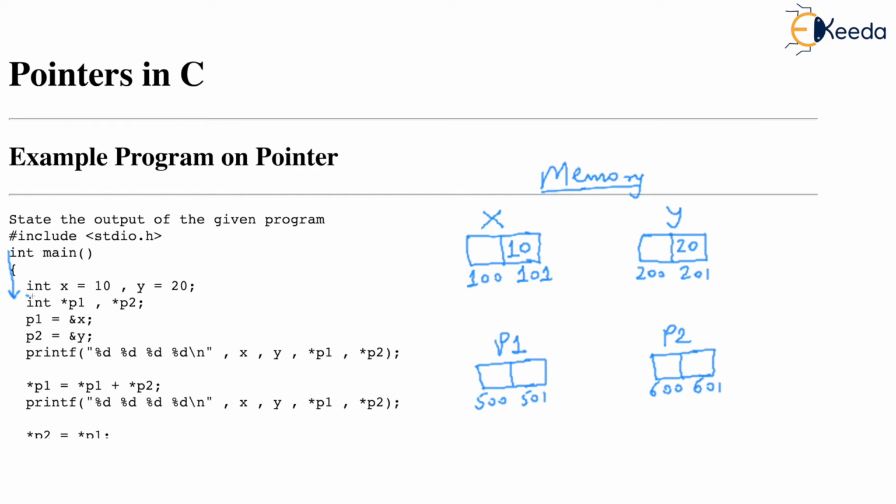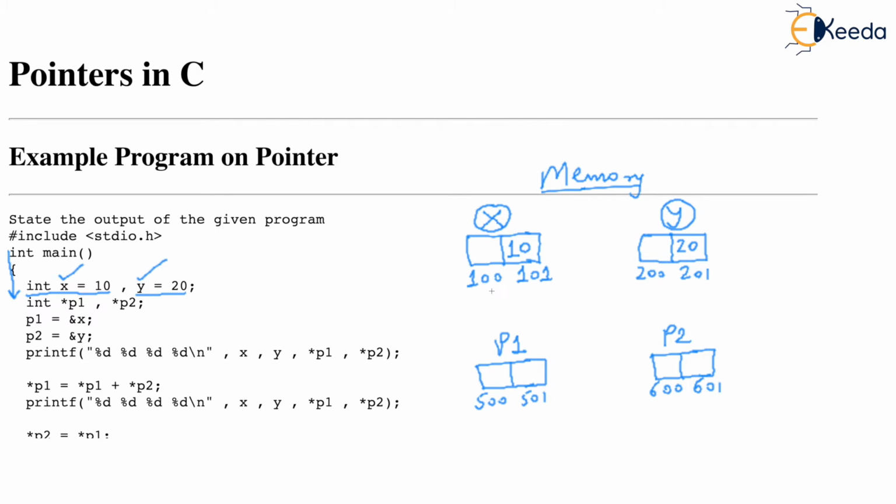Check the first line. There are two integer variables x and y declared, having values 10 and 20. Assuming that every integer consumes 2 bytes, we can show x is stored in memory as 2 bytes and y is also stored as 2 bytes, 2 consecutive bytes.